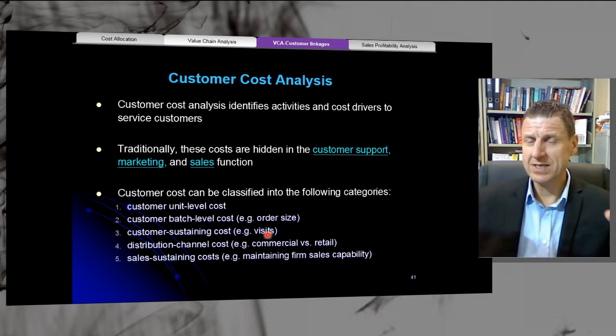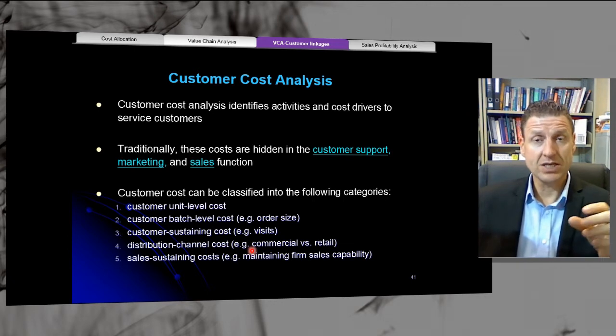We're talking about visits to the customer, to look after them, to answer their concerns, to keep them on good relationship terms, and so forth. These are all customer sustaining, keeping the customer relationship strong in the long run. What about distribution channel costs?